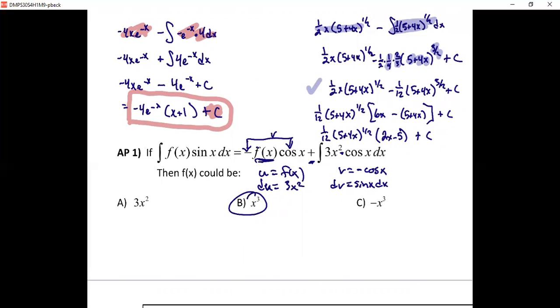Excuse me. So anyway, by my work, what I have identified is this is u, this is dv, which makes this v. And so u has to be the 3x squared because this is plus minus negative. Anyway, it's a positive x cubed.